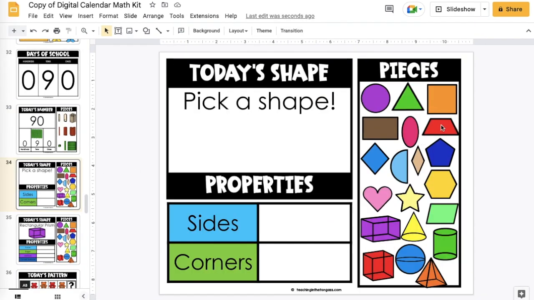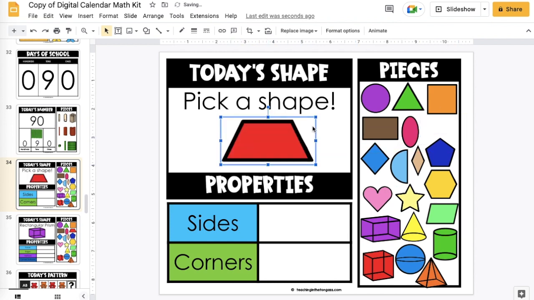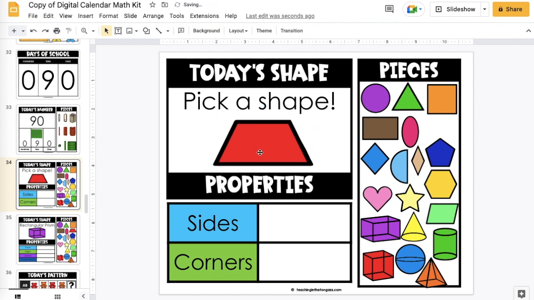Now today's shape is this red shape. We're going to drag it over here and make it a little bit bigger so everybody can see. And then let's go ahead and count the sides of the shape. I'm counting 1, 2, 3, 4 sides.